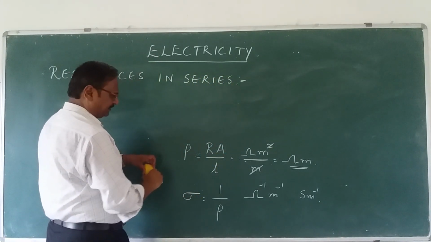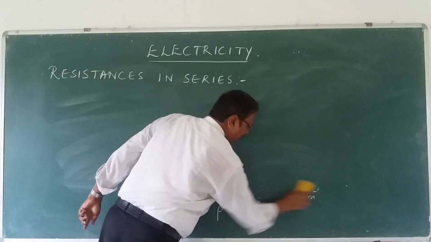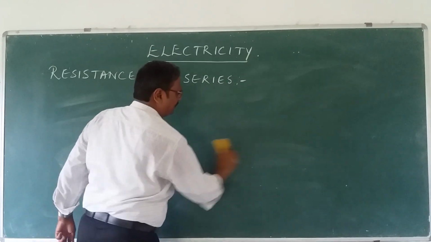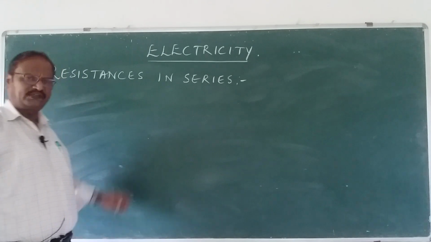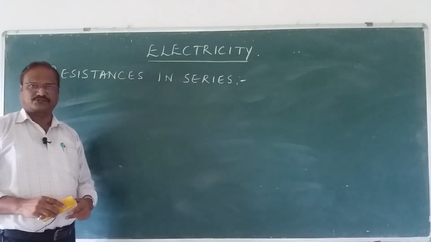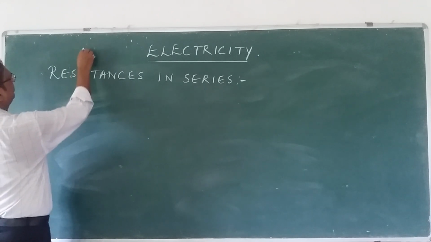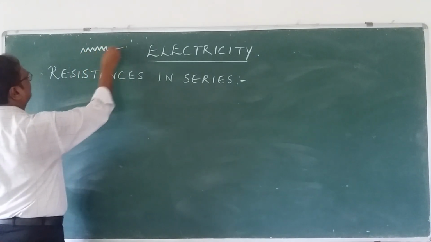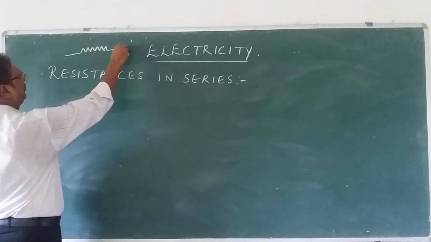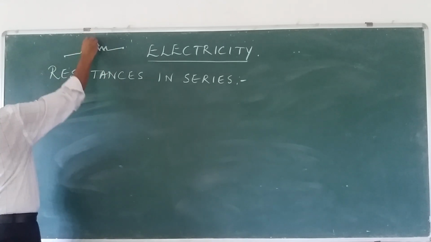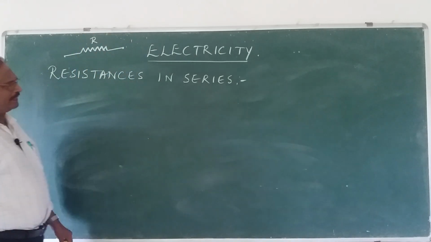Suppose I connect a certain number of resistors in series, then what will be the equivalent resistance which we are going to calculate? Resistance, the symbol is like this, like all of them are like a speed breaker. You can imagine this is called resistance.